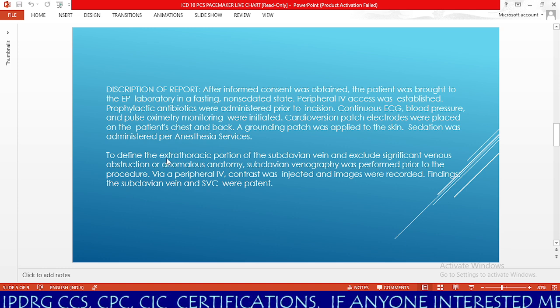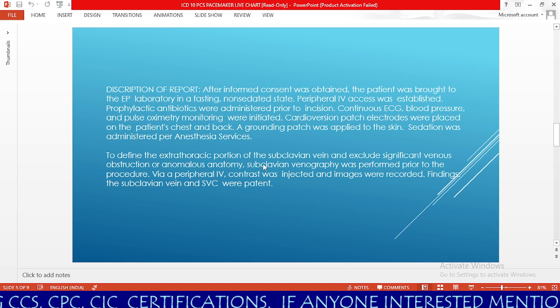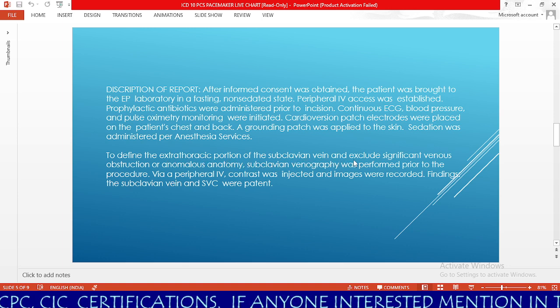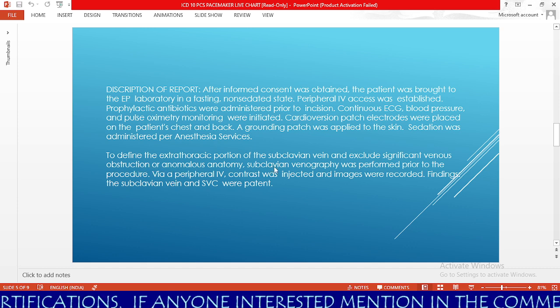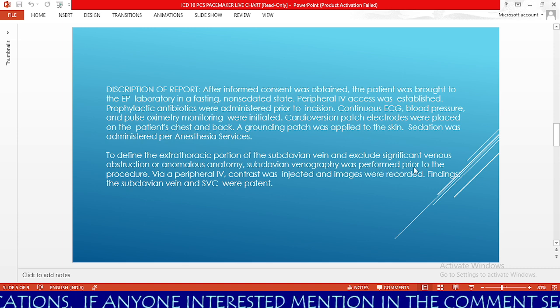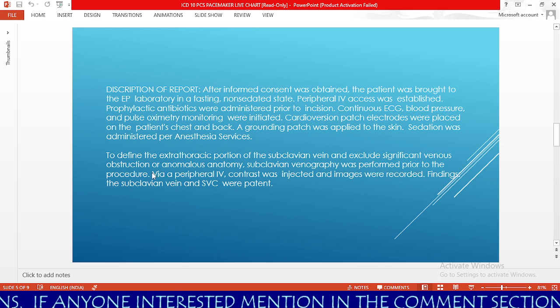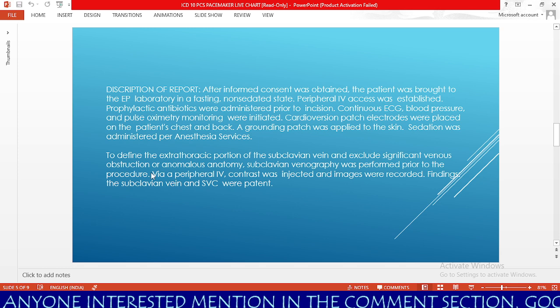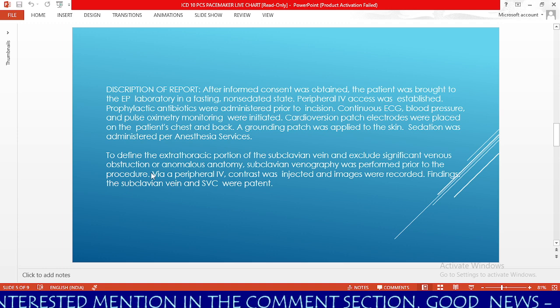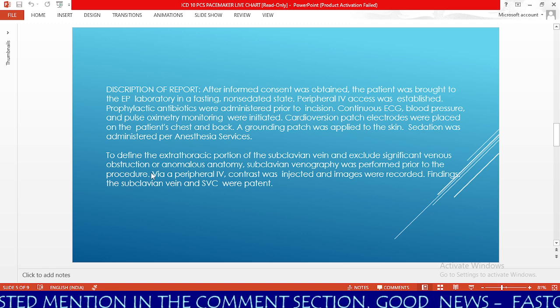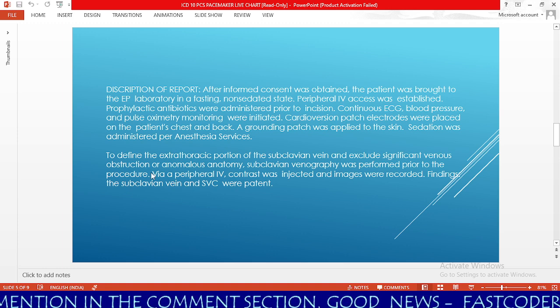Next, to define the extrathoracic portion of the subclavian vein and exclude significant venous obstruction or anomalous anatomy, subclavian venography was performed prior to the procedure. So here the physician has performed subclavian venous venography before the pacemaker insertion.